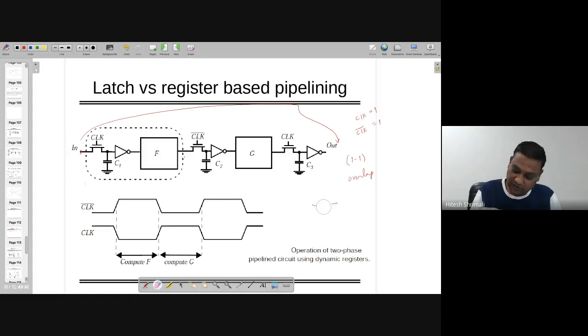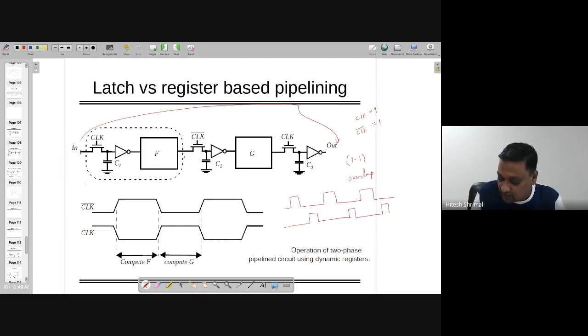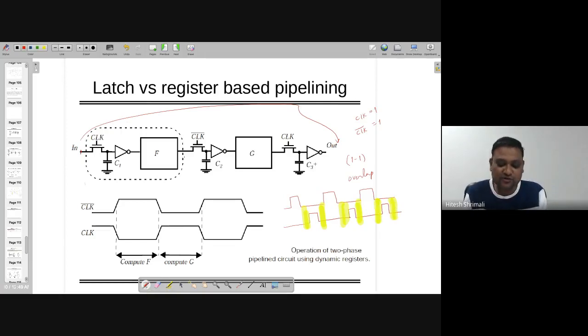So what I mean to say, for such a structure, the easiest solution might be to not do anything, just make the clocks like this. Right? So during this time where this yellow color has been shown, where both are 0 0, there is no direct path from input to output, right?